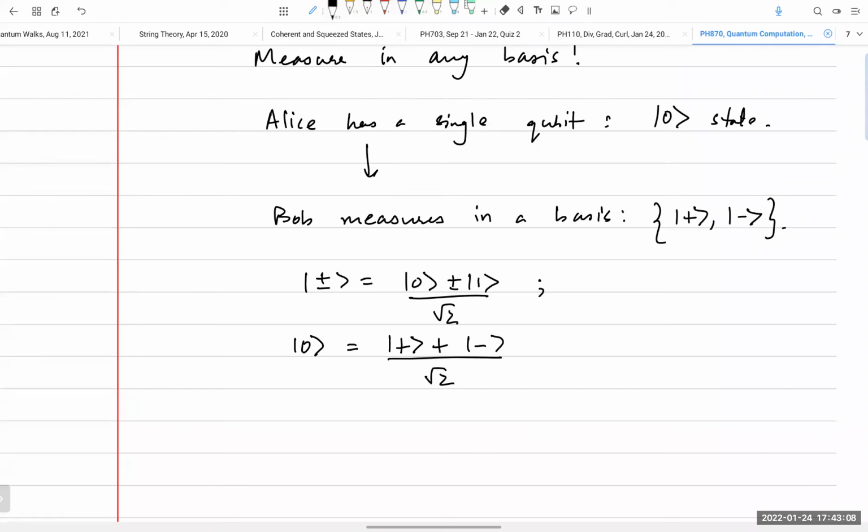So when Bob makes a measurement on Alice's qubit, what will the result be? Bob will get plus 50% of the time and minus 50%.